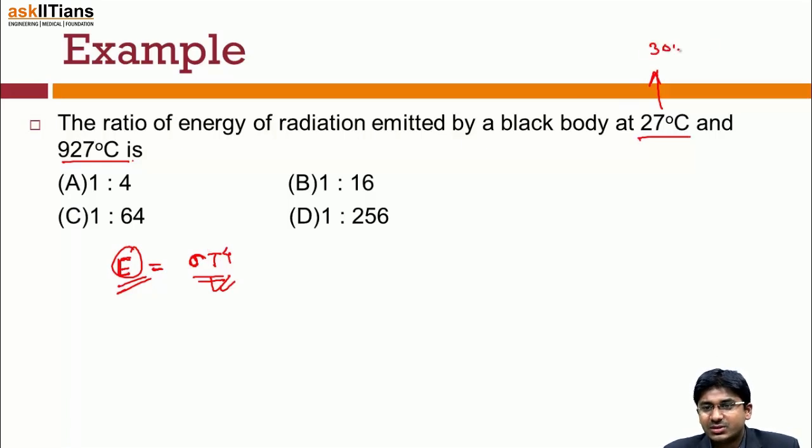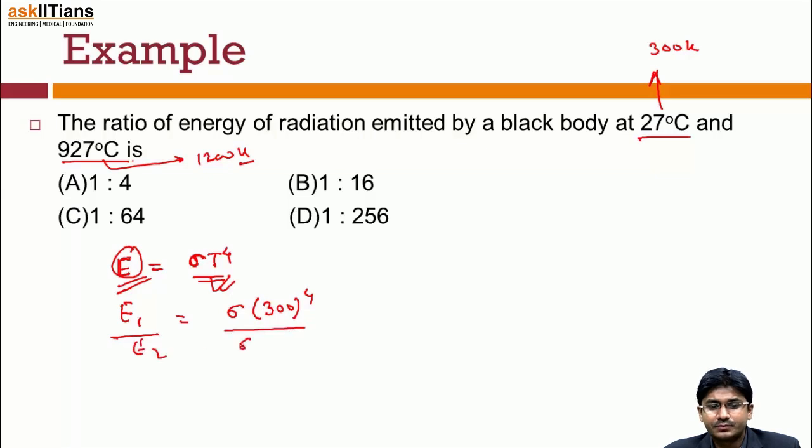So that means this is 300 Kelvin. This is 1200 Kelvin. What is the ratio? E1 by E2 is 300 to the power 4 over 1200 to the power 4. So sigma cancels out.